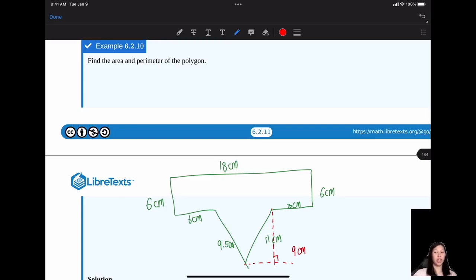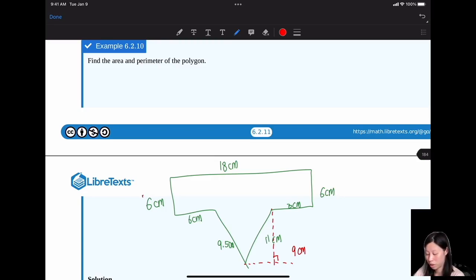Okay, so in the blue shape, I want you to find the perimeter and the area of this polygon. So for perimeter, it should be easy, right? Because you just add all the lengths together.